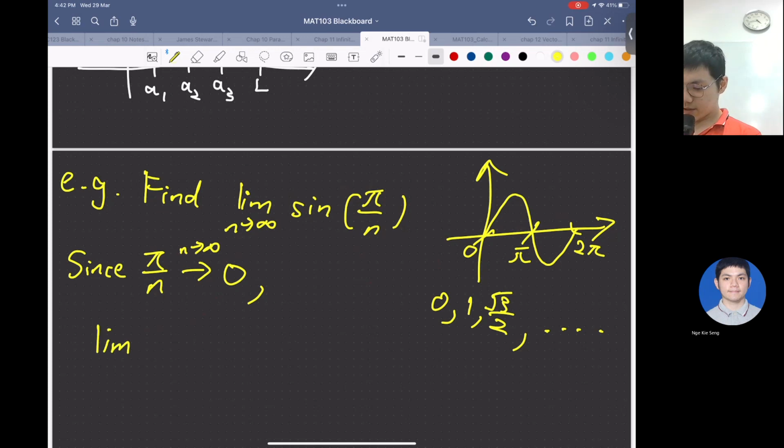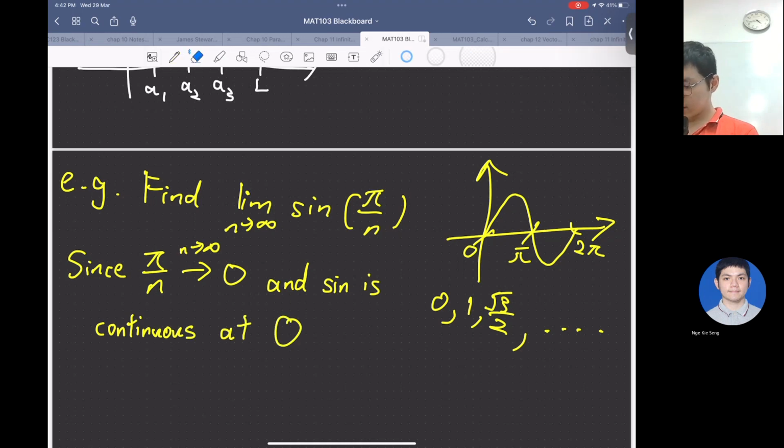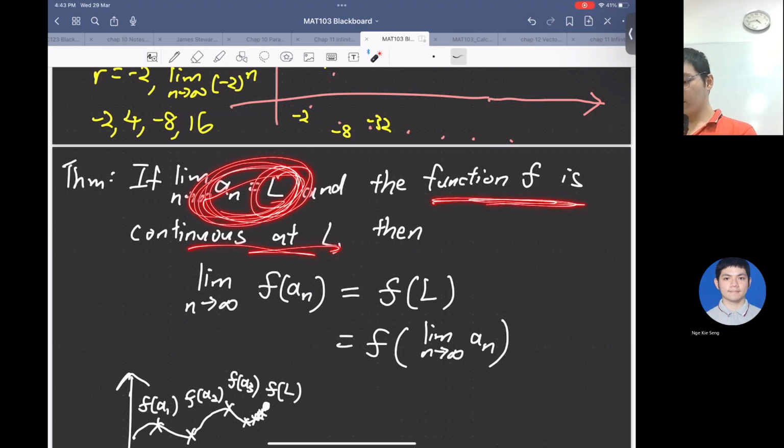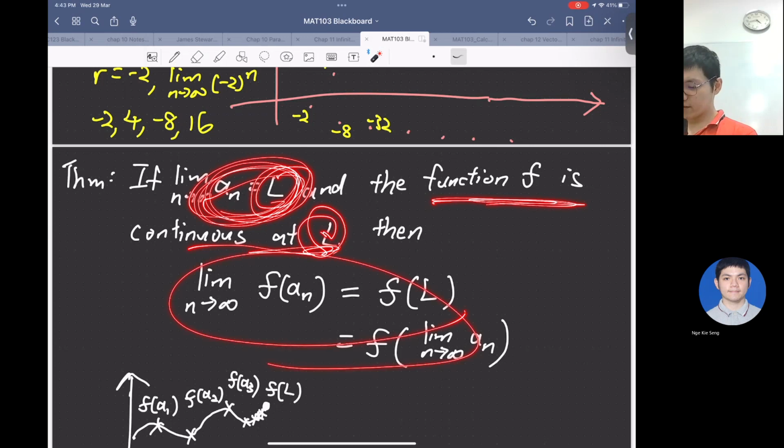Then the limit of the sequence is 0, and sine is continuous at 0. This is the condition you need: the limit of the sequence is in the domain, and the function is continuous at that limit. Then you can use this.